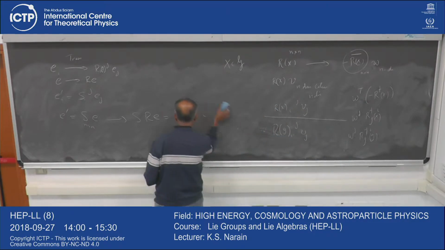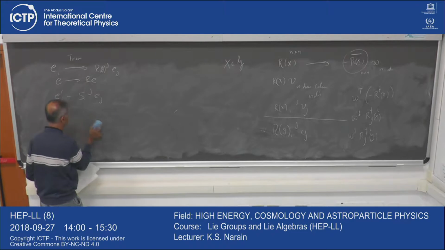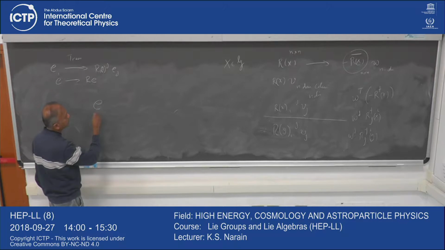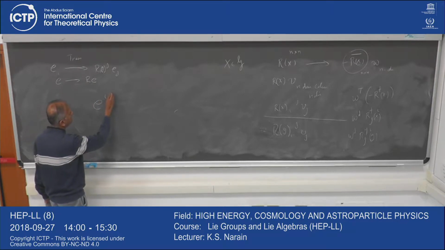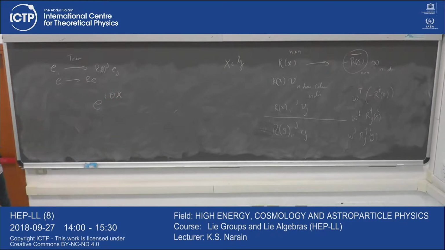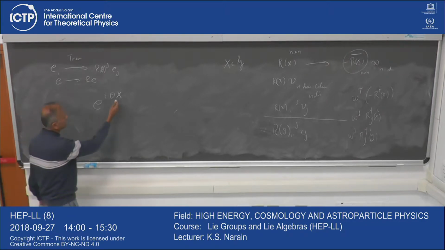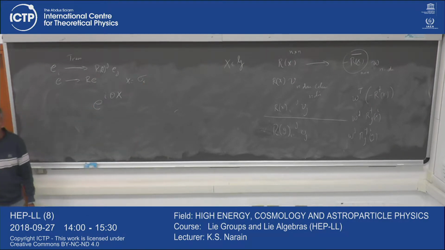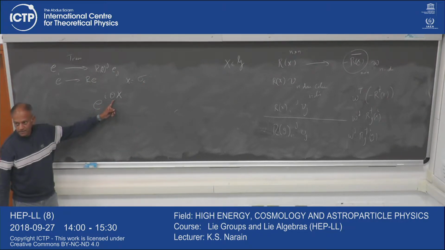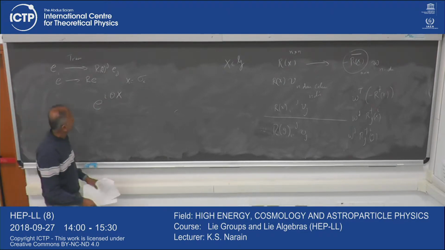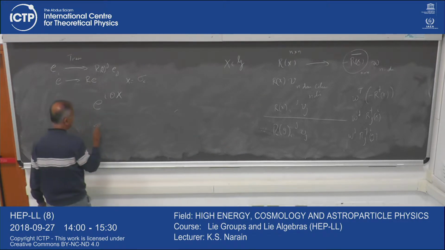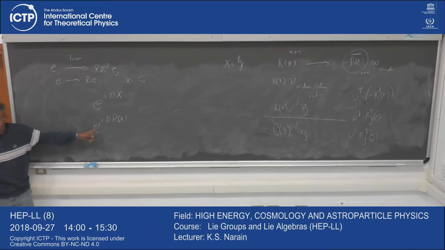So what are we doing here? Remember, to exponentiate the group, we write e to the power of i theta x. For example, think of x as sigma matrices, x equal to sigma a. When I take it in a particular representation R, it will be expanded as e to the i theta Rx, with a matrix R, and you expand that.